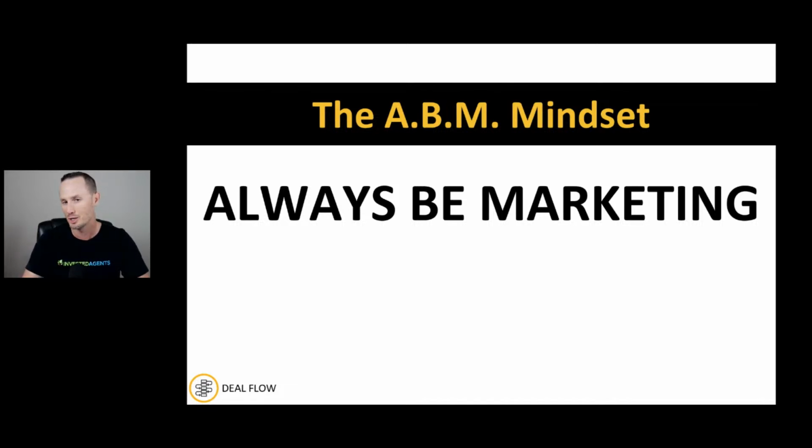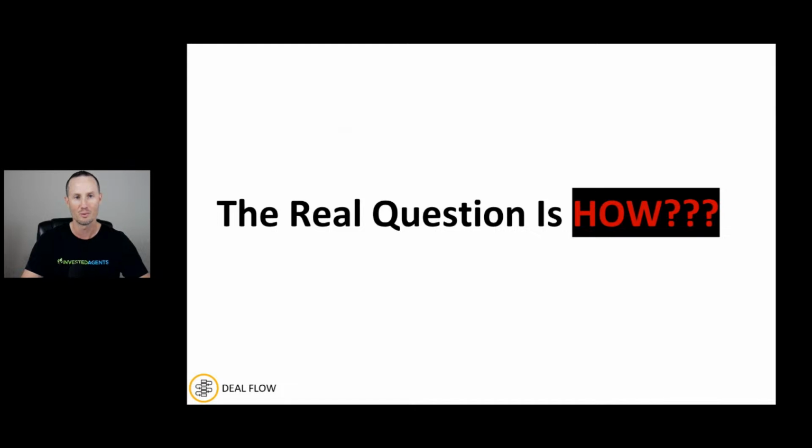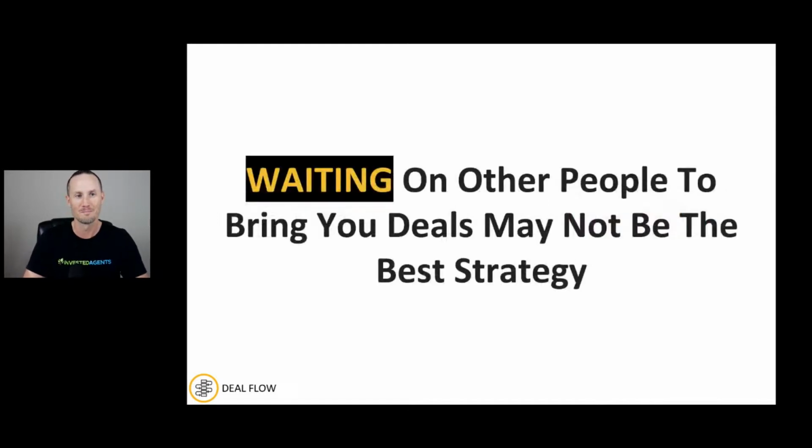In another session, we'll talk about marketing for dollars, specifically private money lenders. But in this session, we're going to be talking about marketing for deals. But the real question is how? How do you market for deals? Well, I can tell you one thing: waiting on other people to bring you deals might not be the best strategy.